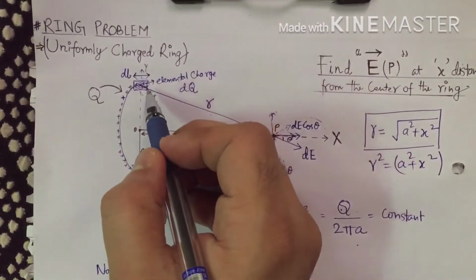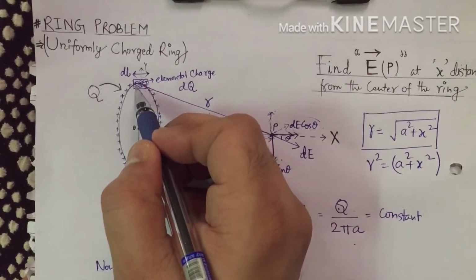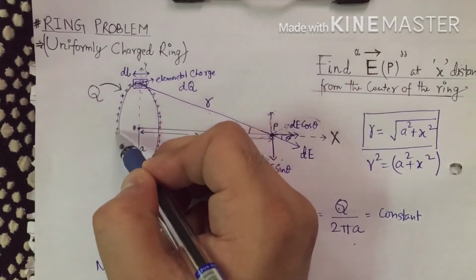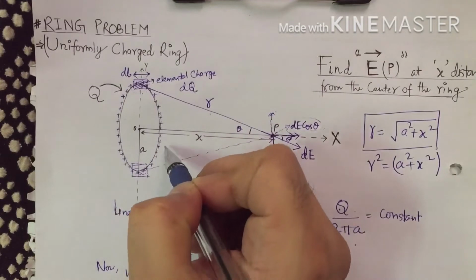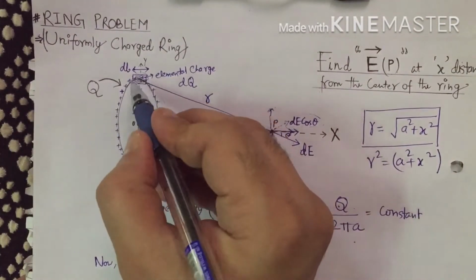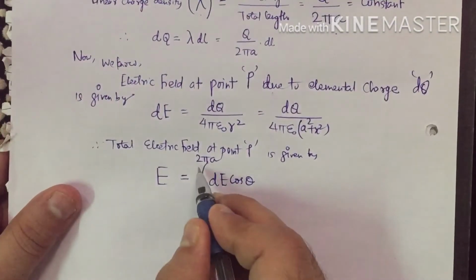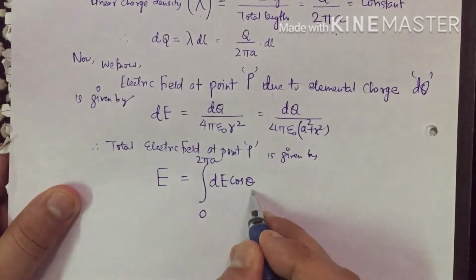Since we have considered only a single elemental charge, when it goes around the ring, it will cover a total distance of 2 pi a. So the limits go from 0 to 2 pi a, and dE cos theta.